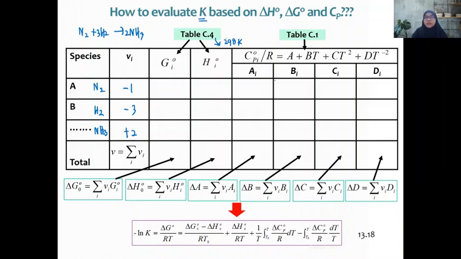And these are also the constants based on the Cp of each species, A, B, C, and D. Next, to determine the change of the standard Gibbs energy at the reference temperature, we multiply the stoichiometric number by the value of G that we obtain.